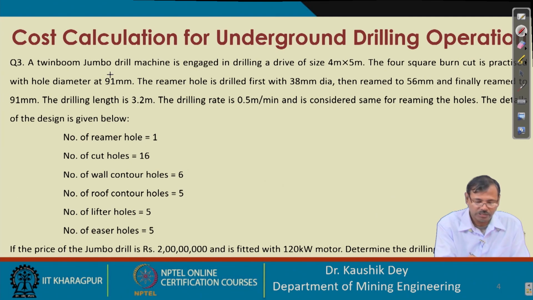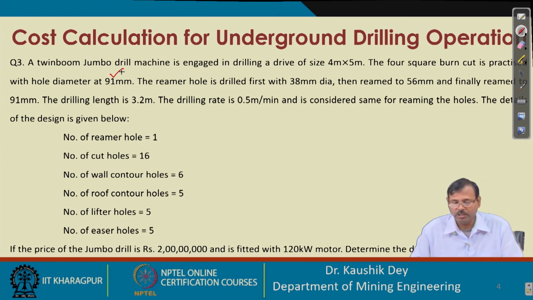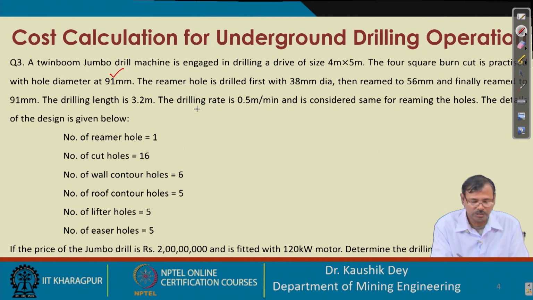Reamer hole diameter is kept 91 millimeter. So, there is a mistake here, and the drilled hole diameter is 38 mm. So, that is not written.